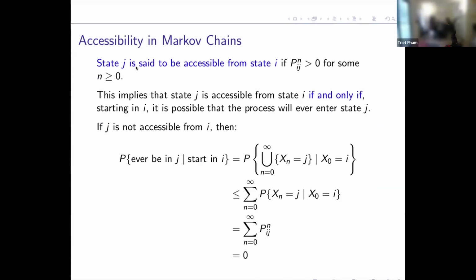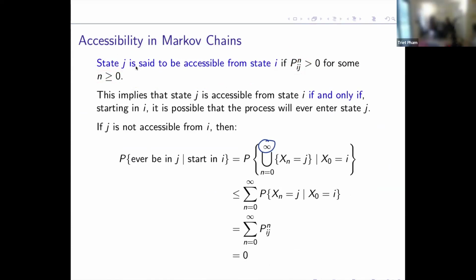So the first thing we will be discussing, like I said, is accessibility. Basically, you want to know if you can go from state i to state j in however many steps. So notice the n here doesn't matter, and notice this is a union, but the upper bound is infinite.